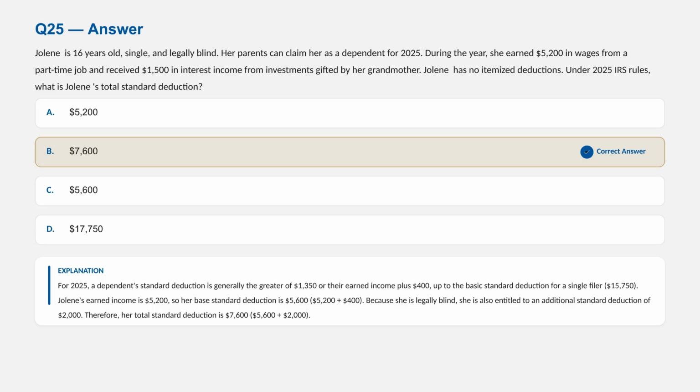Jolene's earned income is $5,200, so her base standard deduction is $5,600, $5,200 plus $400. Because she is legally blind, she is also entitled to an additional standard deduction of $2,000. Therefore, her total standard deduction is $7,600, $5,600 plus $2,000. Great. Now let's move to our next question.